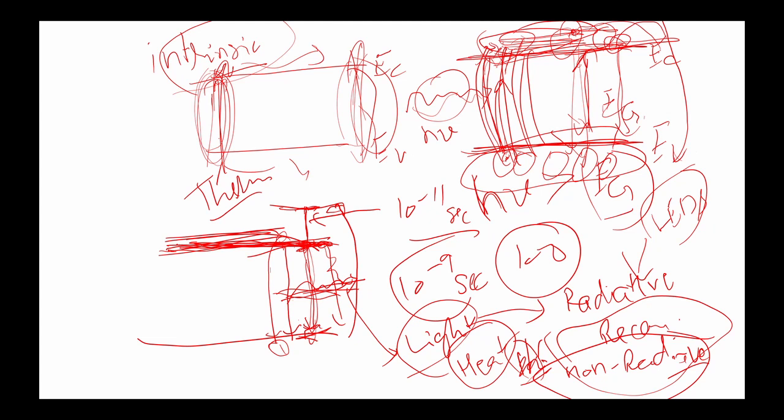We don't want our energy to be lost as heat. This is of no use. Radiative energy we can use for LEDs, where we can take it as light. So in LEDs there is radiative recombination. We prefer our semiconductor to be luminescent. We say there is radiative recombination.